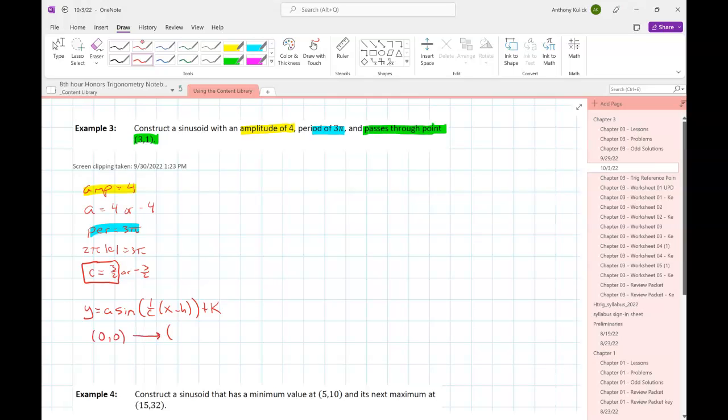And I want to map that up with (3, 1). So remember that (0, 0) is that kind of midline point. I get to pick what kind of midline point (3, 1) wants to be. Why wouldn't I do that, right? So that's going to tell me the A is 4.